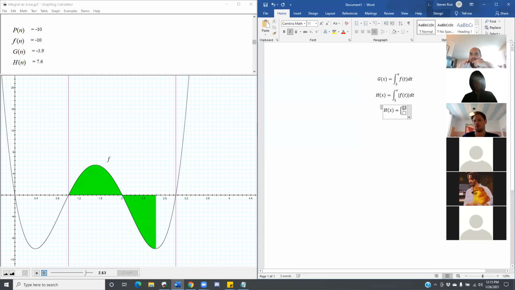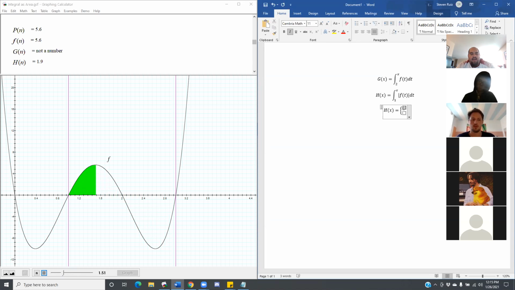But what is going to tell me which one of these things I should use? Basically, what we have to decide now is how I'm going to divide up my x-axis. So if I'm trying to find this unsigned area without using an absolute value operator, how do I have to divide up my x interval?